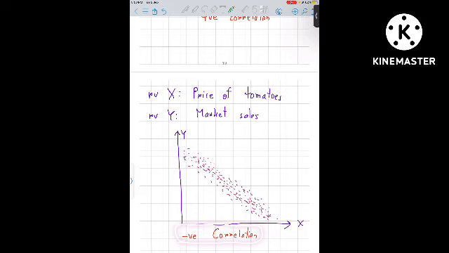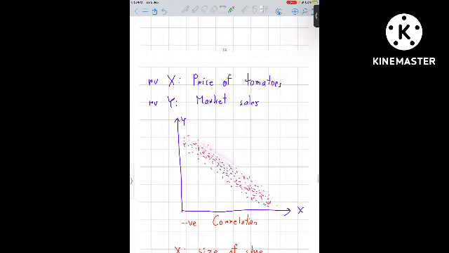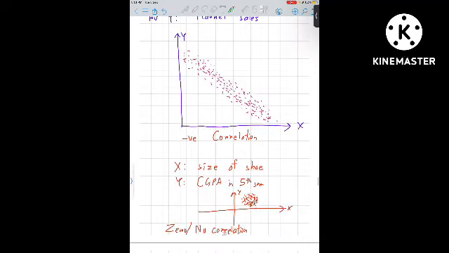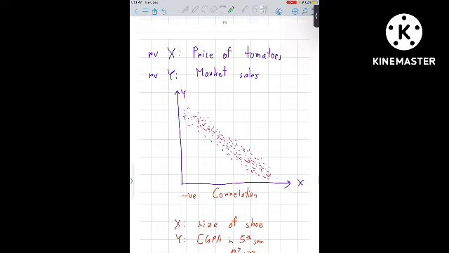Let me think of an example. X is the size of your shoe and Y is the CGPA in 8th semester.